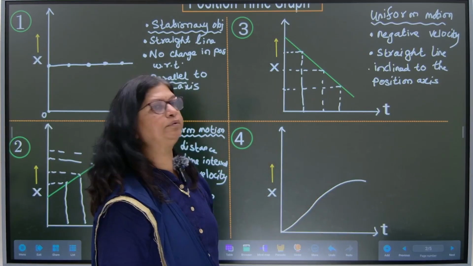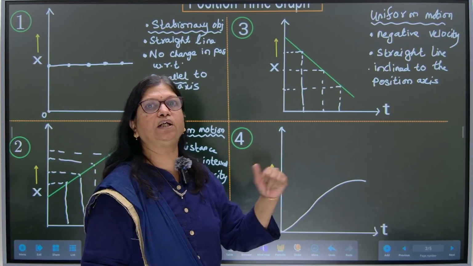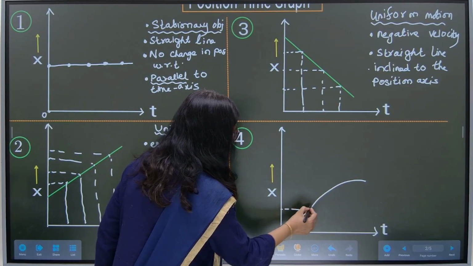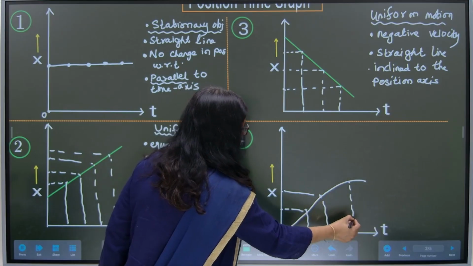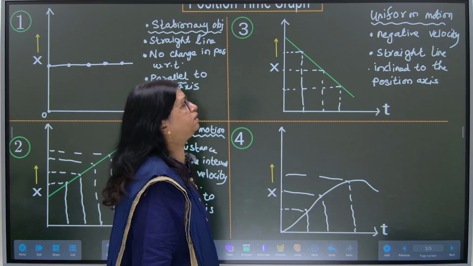So what kind of a motion is it? That can be determined only as the time passes, how the value of the x is going. Is it going uniformly or not going uniformly? That is okay, it can even decrease after some time.